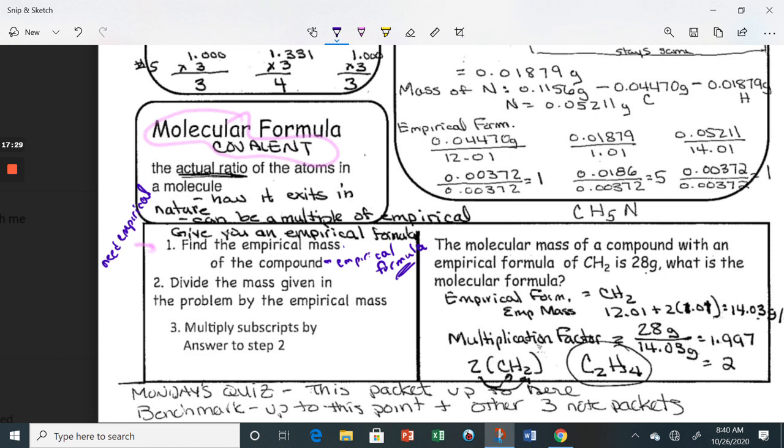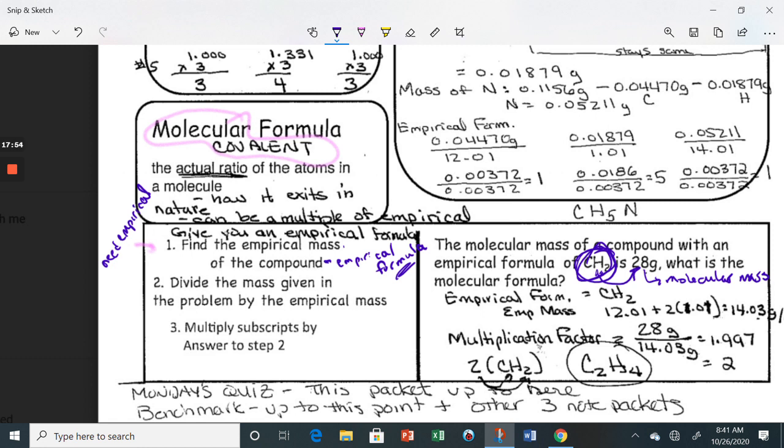So here's an example off to the right. It says the molecular mass of the compound with empirical formula CH2 is 28. So here's my empirical formula. This is the molecular mass, the real mass, how it exists in nature. So if I know how much this weighs, I can figure out how many of these are in that mass.